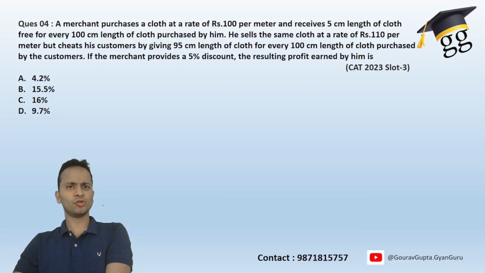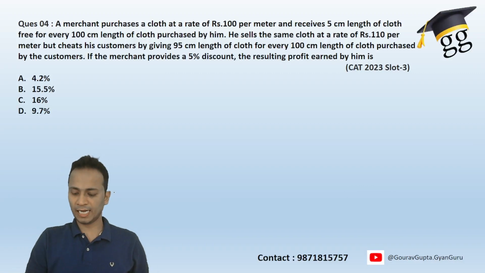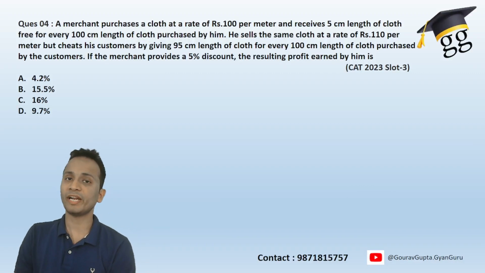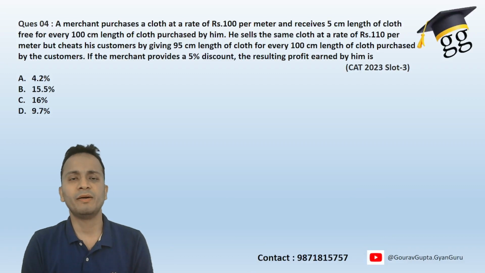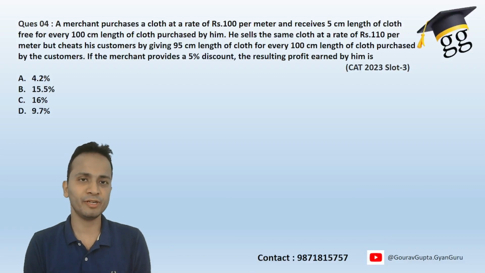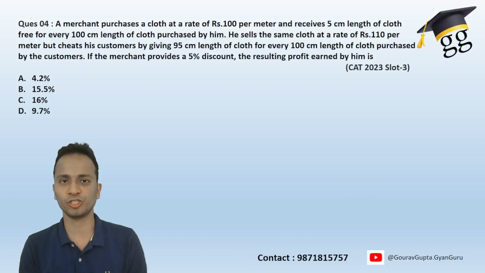Okay, so for this question, I would like to give you a wonderful method. Generally, we take a hell of a lot of time in finding the answer to these questions.